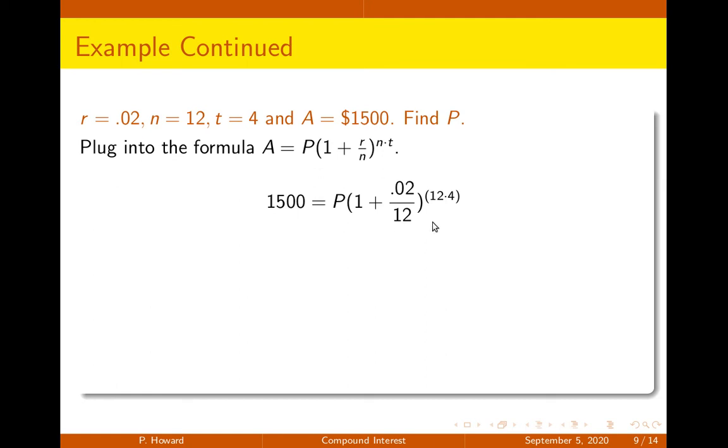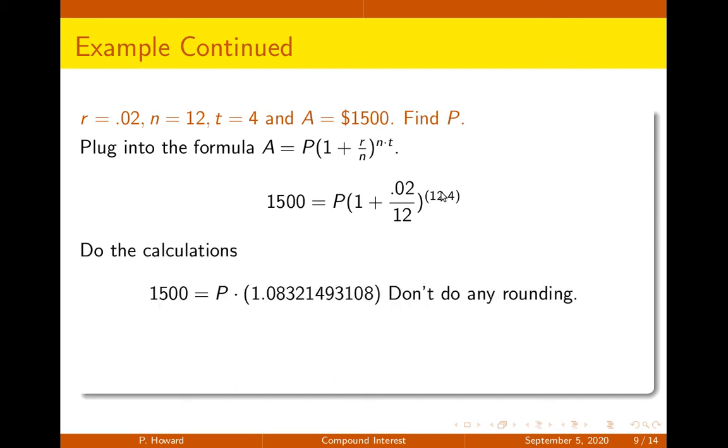Now I'm going to do this calculation. The quantity 1 plus 0.02 over 12 raised to the power 12 times 4. So I get 1.08321493108. Don't do any rounding when you do this calculation.